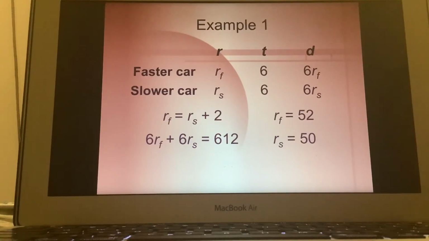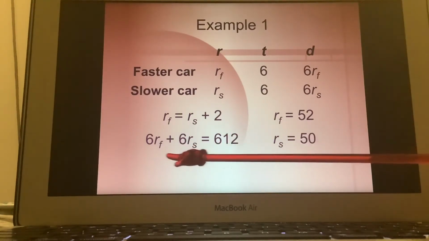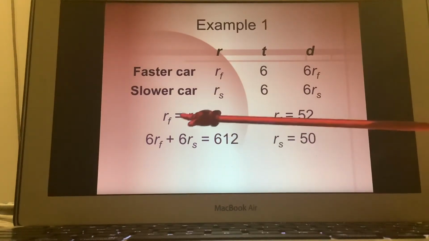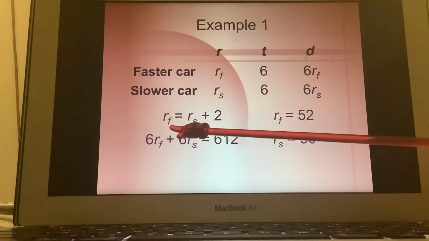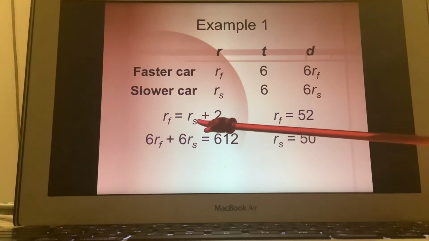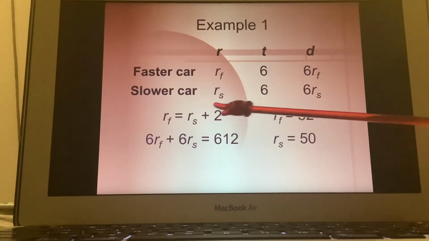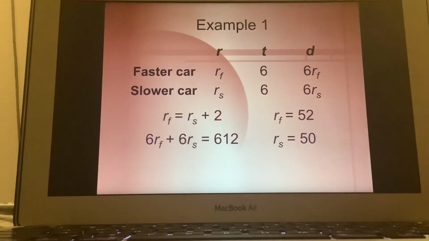When you solve for each of these, the rate of the faster car, you plug this in, and your rate of the faster car is going to be 52 miles per hour.